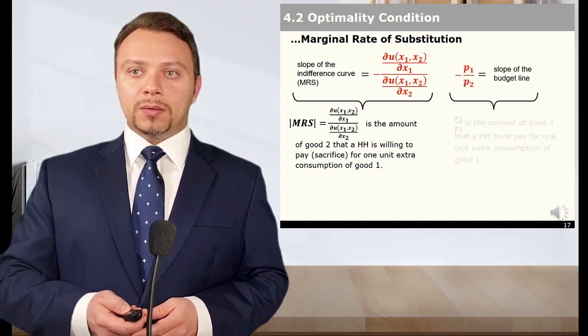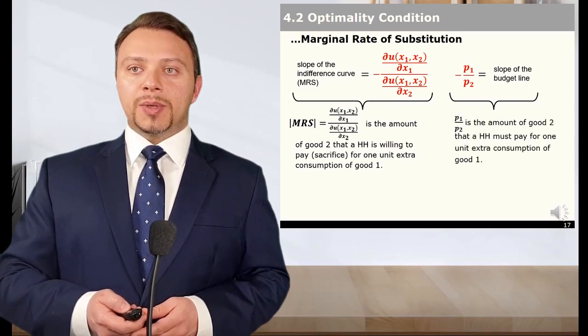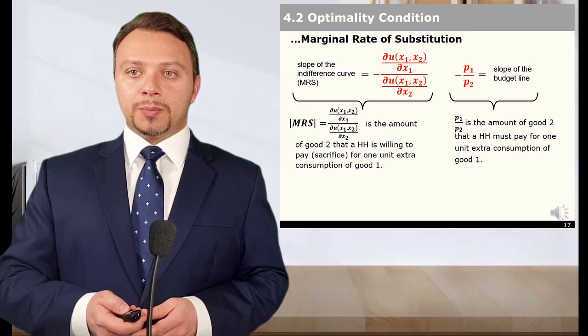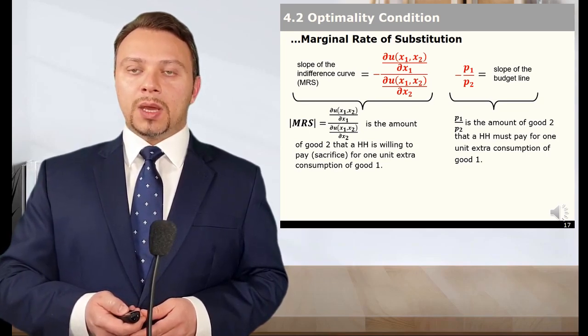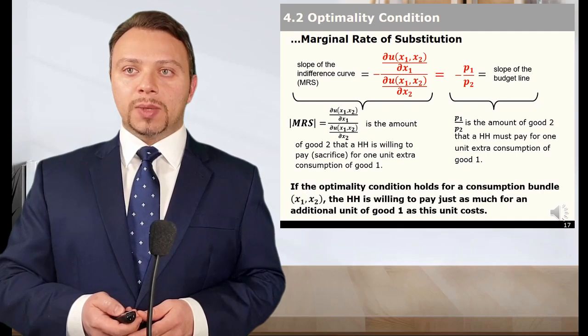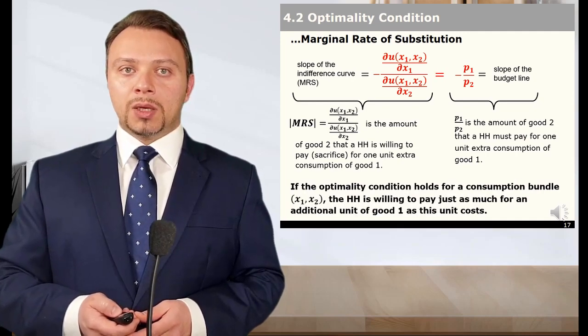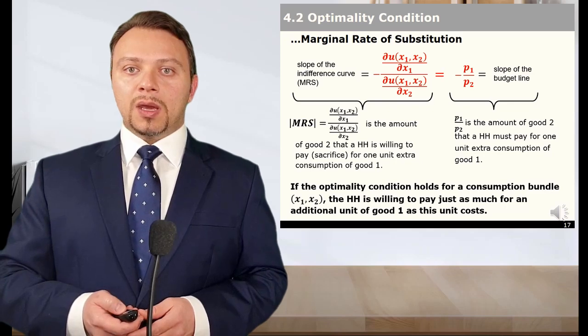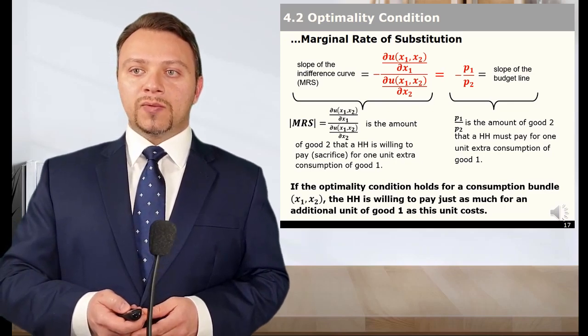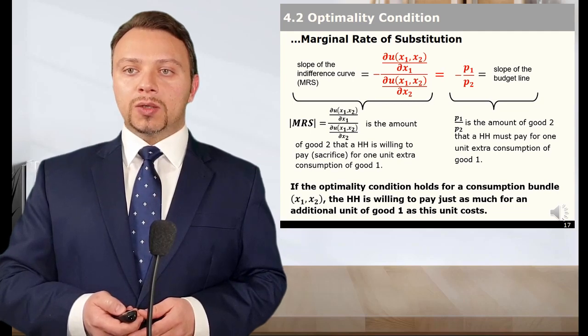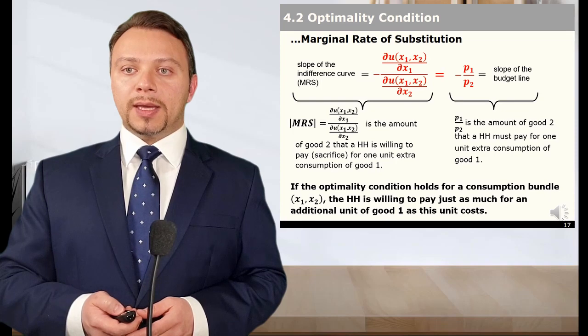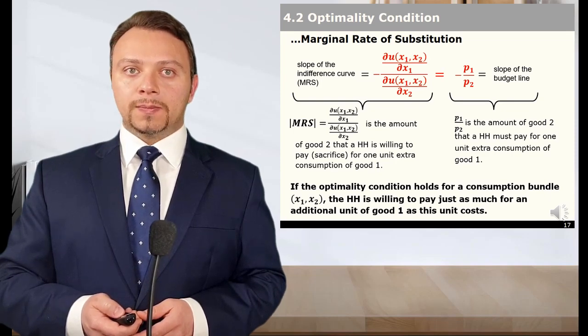On the other hand, P1 over P2 is the amount of good 2 that a household must pay for 1 unit extra consumption of good 1. And in the optimum, these two values must be equal. So we can summarize it. If the optimality condition holds for a consumption bundle x1, x2, the household is willing to pay just as much for an additional unit of good 1 as this unit costs.